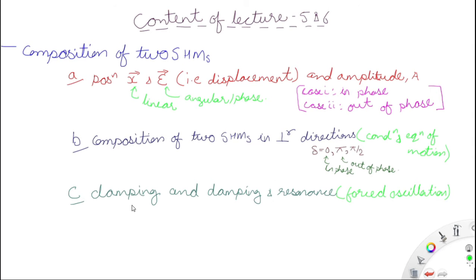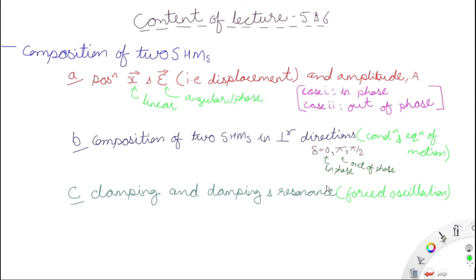Now damping and resonance: one case will be only damping and another case will be damping plus resonance, which means one restraining or resistance force will be there and one supporting force will be there. Damping means negative force or resistance, and resonance happens when positive forces act on the particle.